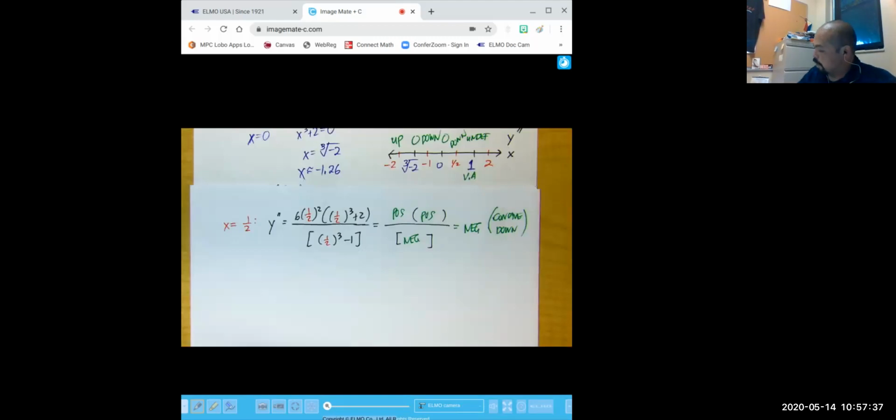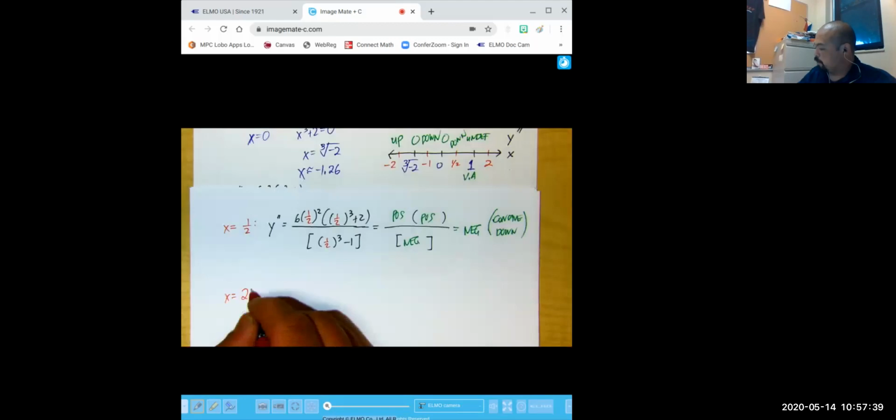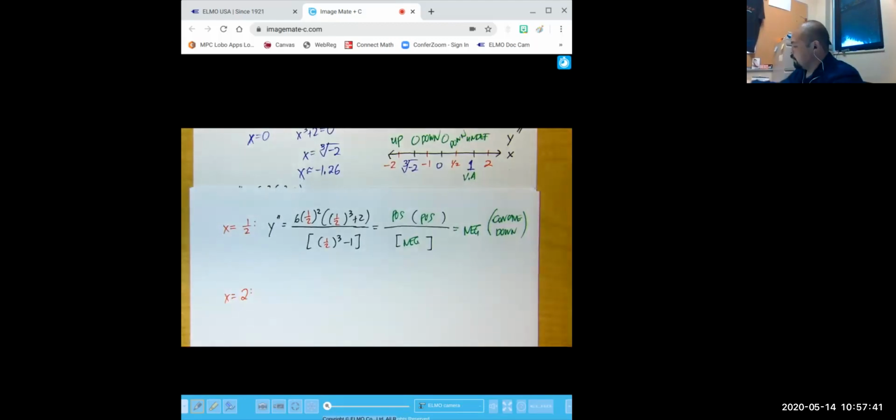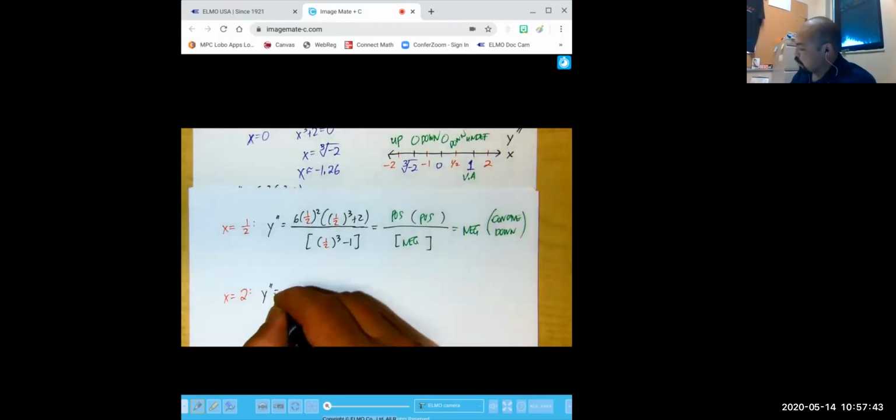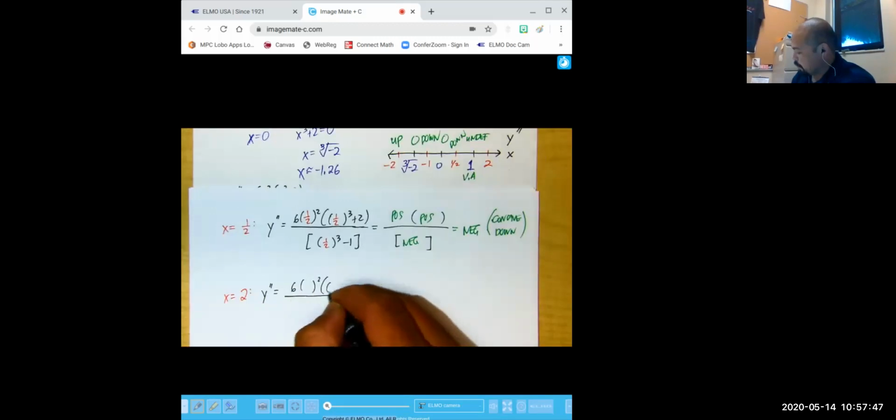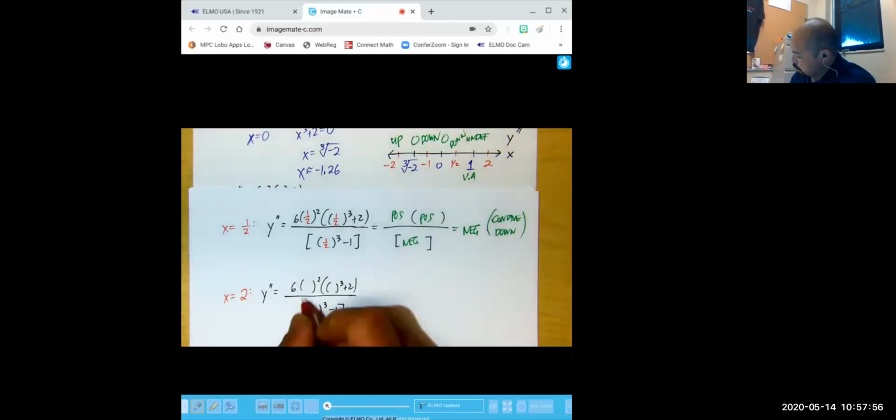The last test value at +2. Again, with our graphing earlier, we might suspect what's going to happen there, but just to be careful, we'll do that work.